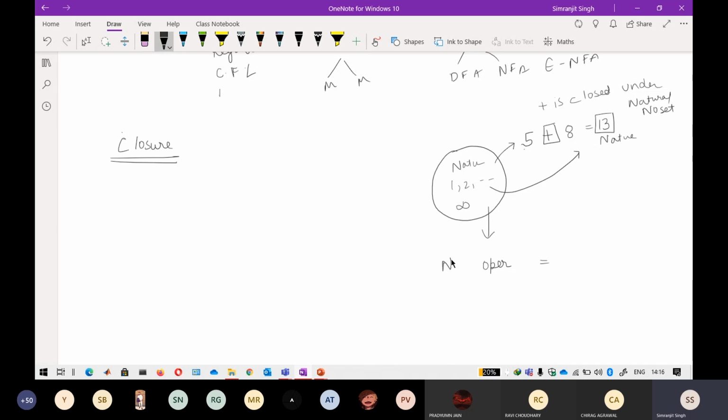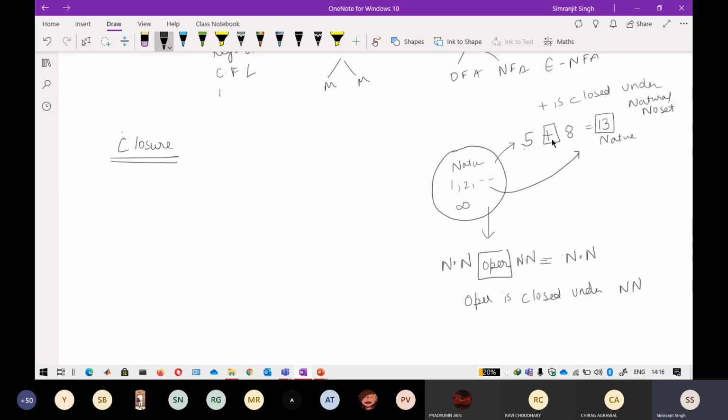Okay, so if I take a natural number from this set and take an operator and apply the operator with again a natural number, and the resulting output is again a natural number, then I can say that this operator is closed under natural numbers.